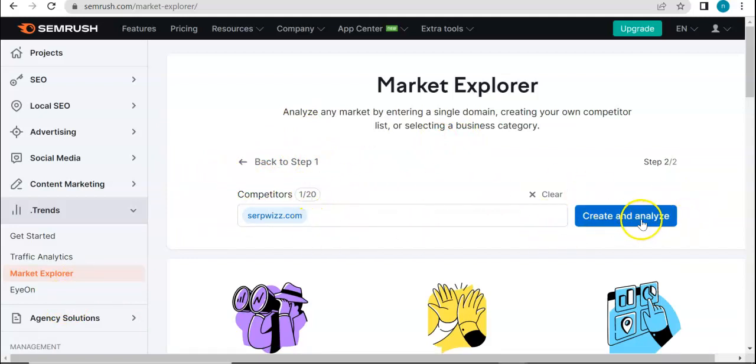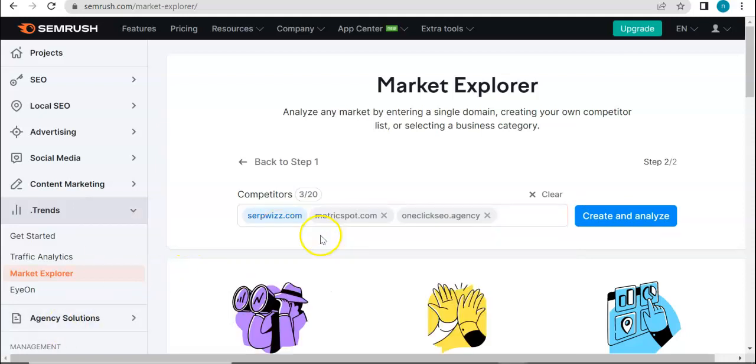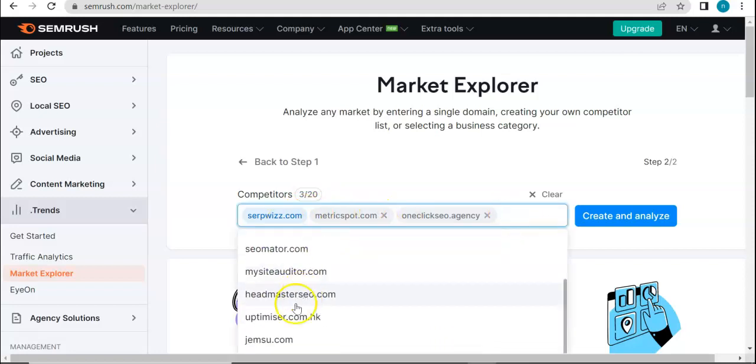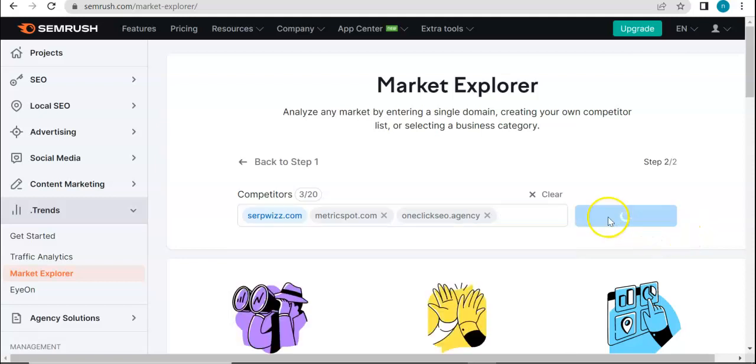So I think here, we need at least 3 domains to start analyzing your list. So what I did is just select from the given list here below. You can select up to 20, but I'm just gonna stick with 2, and then create and analyze.